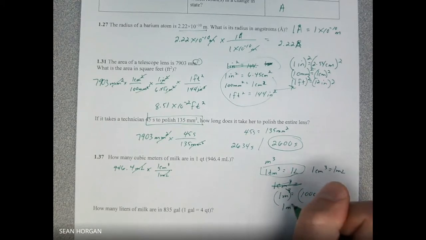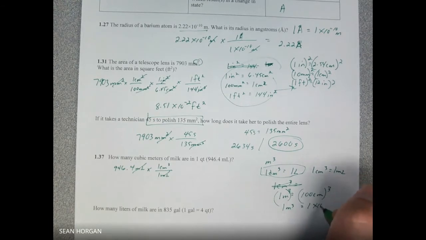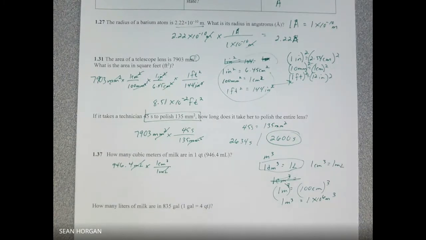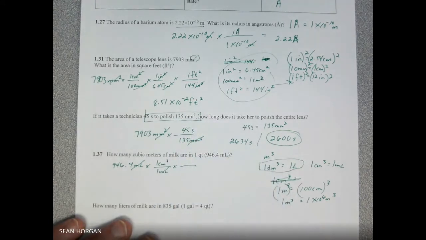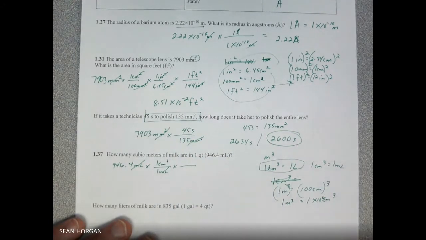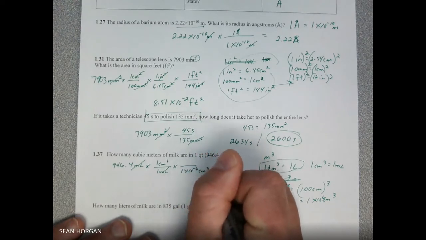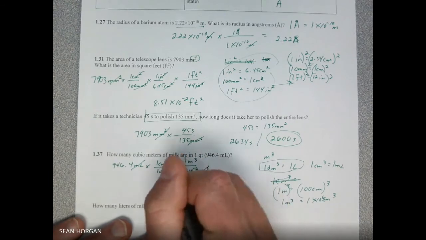So 1 meter cubed is equal to 1 times 10 to the 6 centimeters cubed. That's right. So then we would set it up so that we had, sorry, this is centimeters, I missed it, 1 times 10 to the negative 6 meters cubed over 1 centimeter cubed. And those cancel like that.